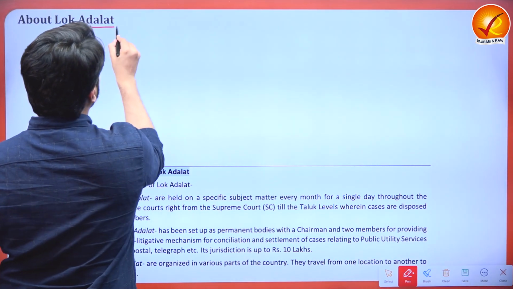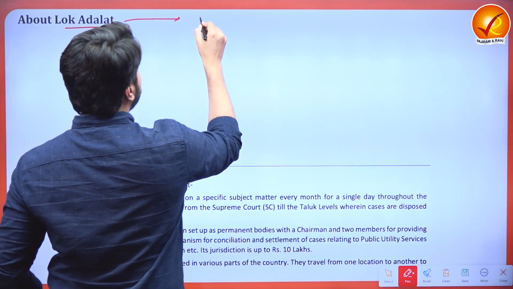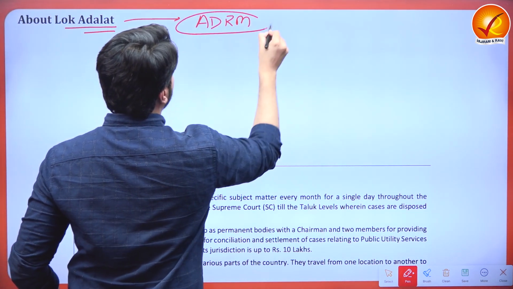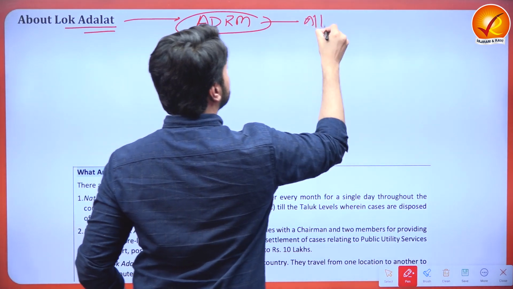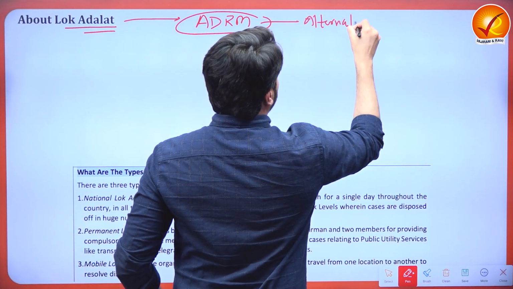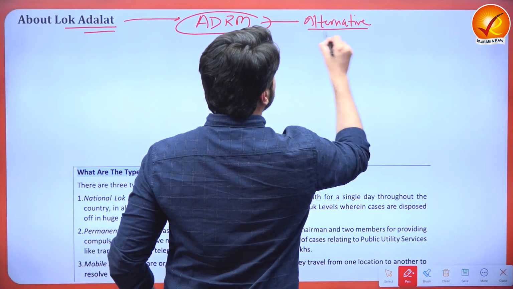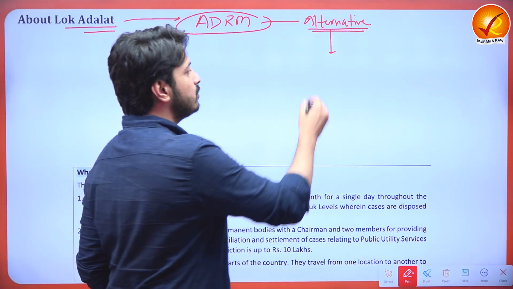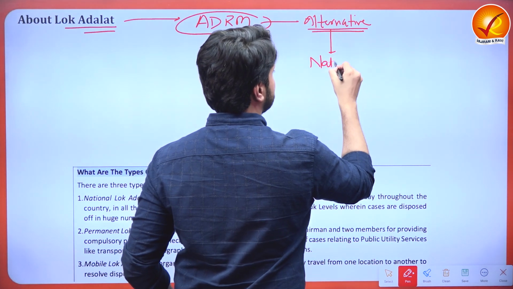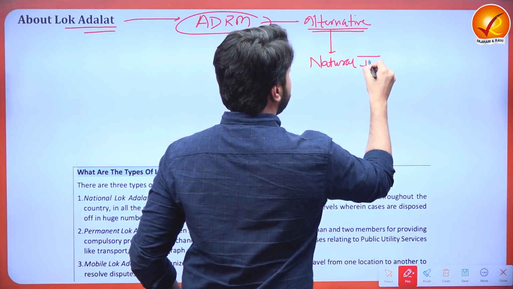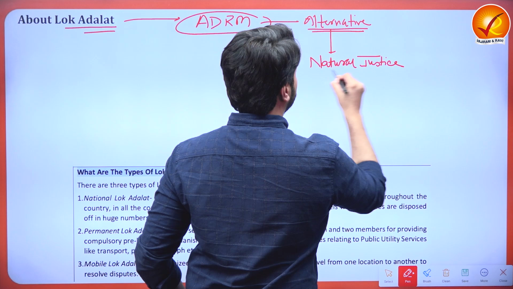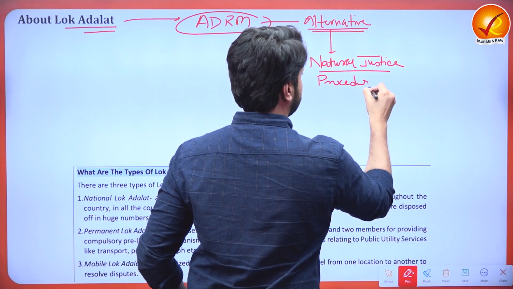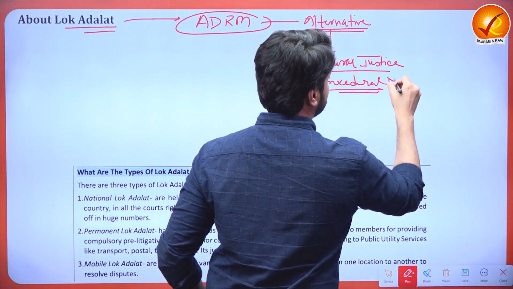Lok Adalat is nothing but a type of alternative dispute redressal mechanism. What do we mean by alternative? Alternative is nothing but another mode of providing justice which is more driven through natural justice and which is devoid of the procedural norms provided by the various laws.